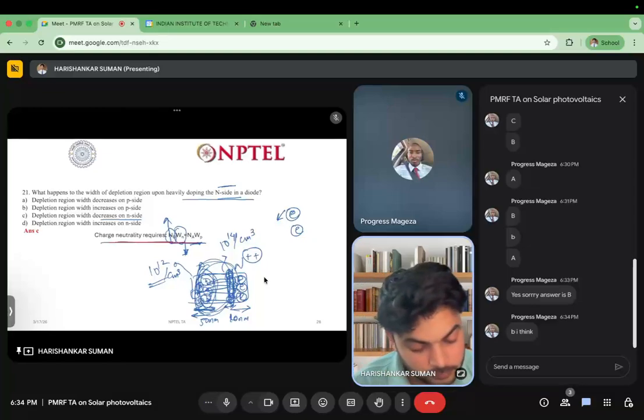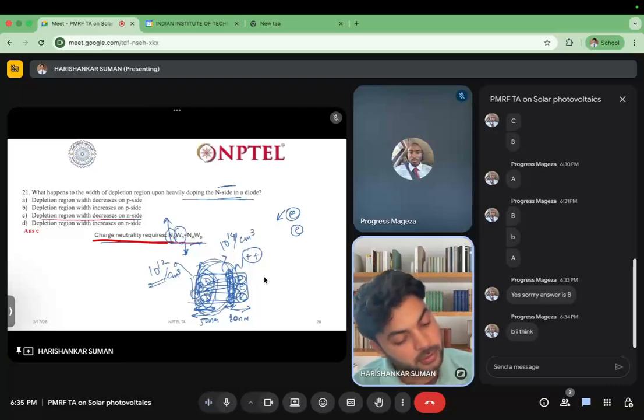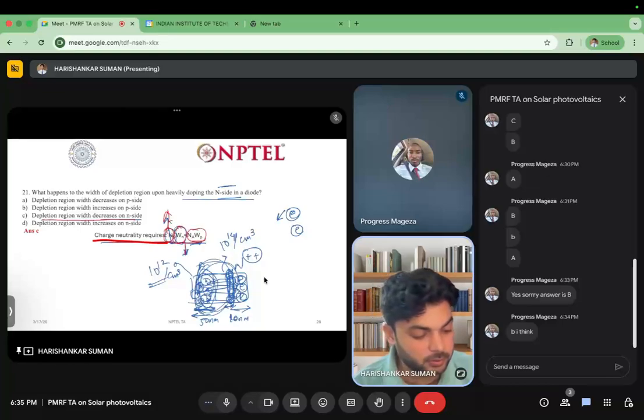So the depletion region width is decreasing on the N side and increasing on the P side, because charge neutrality is required. The N side is heavily doped with higher density and this is constant, that's why this should decrease.